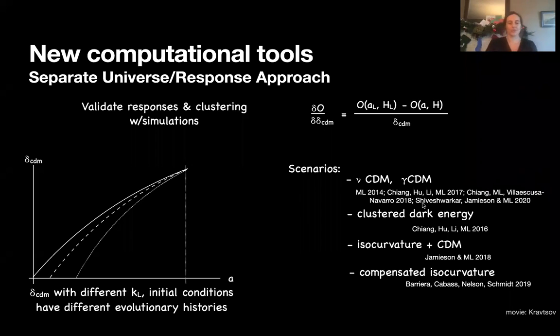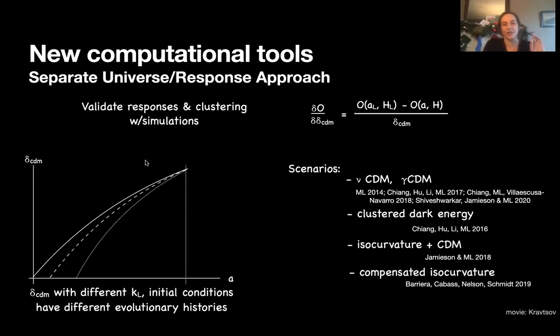If I have isocurvature around, I need to know not just the amplitude at a fixed time, but the initial conditions, how much of that mode is comprised of adiabatic versus isocurvature initial conditions. So I can have linear theory density fluctuations that go through different evolutionary histories, and that will therefore lead to different local expansion histories.